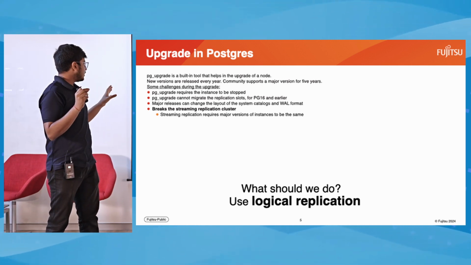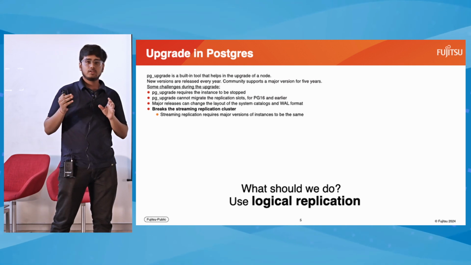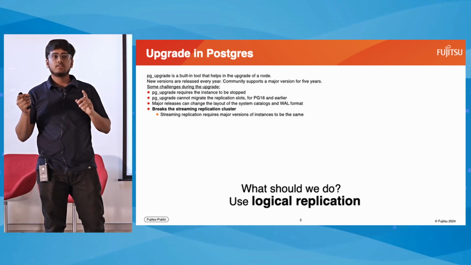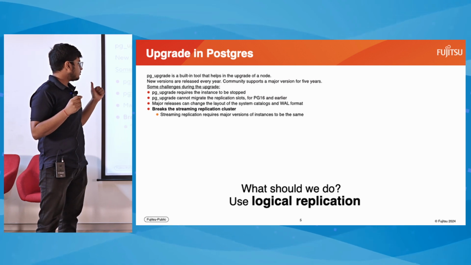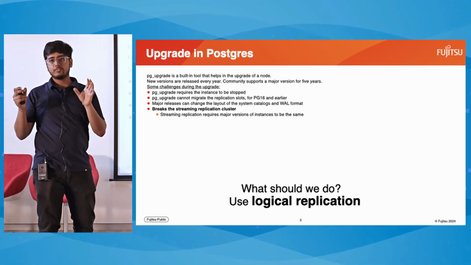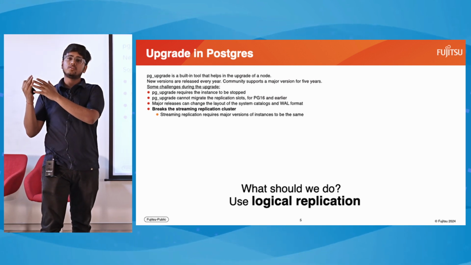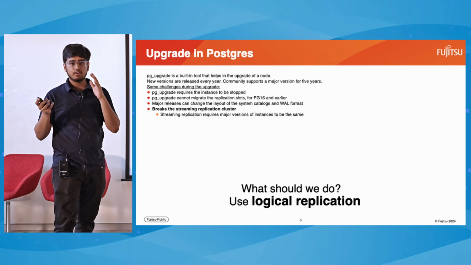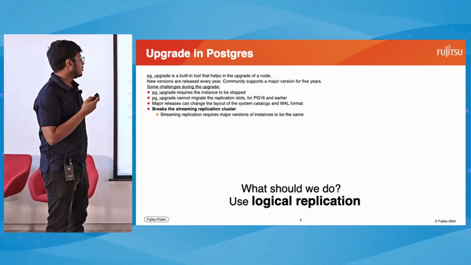But pg_upgrade supports only upgrade of one cluster at a time. So when we want to upgrade a streaming replication setup, we upgrade a single node, and that way the replication is broken.